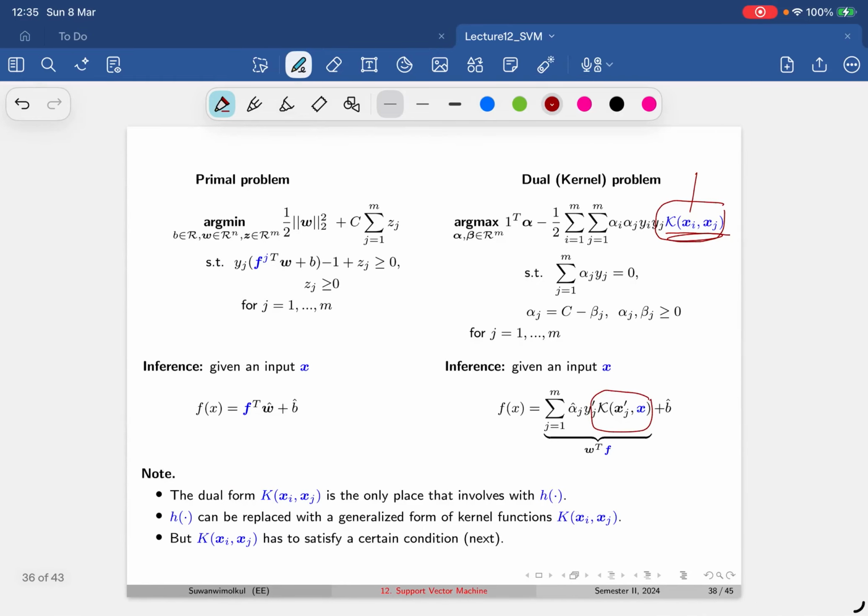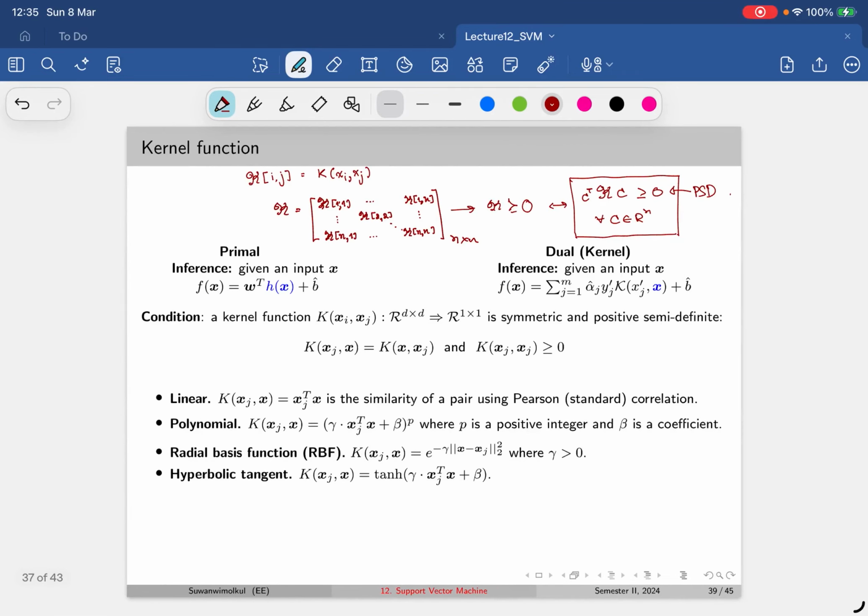whatever the new replacement of this function is, which previously used to be xi transpose xj, it has to satisfy certain conditions, and usually these are similar to the conditions for the dot products between input features. So here we are.